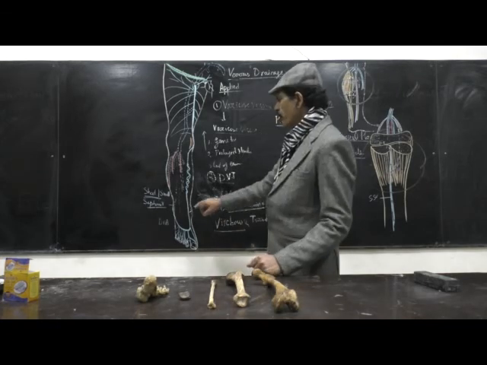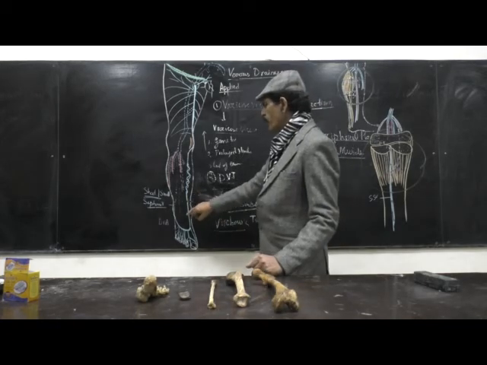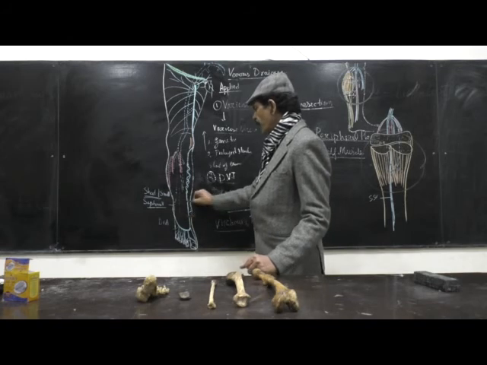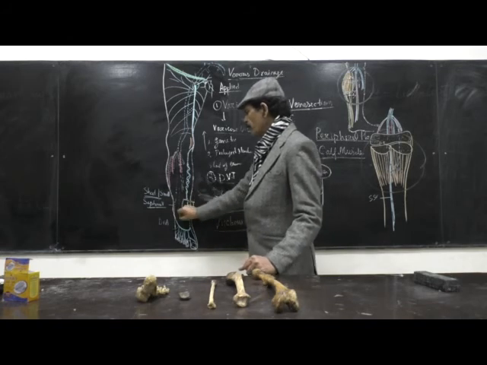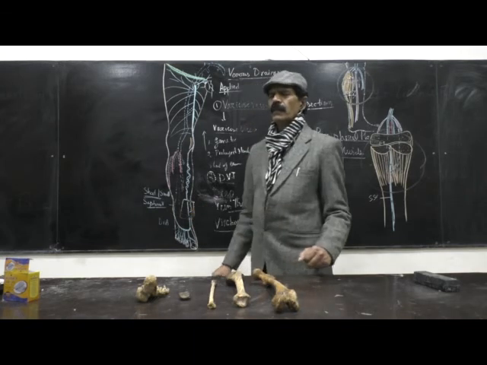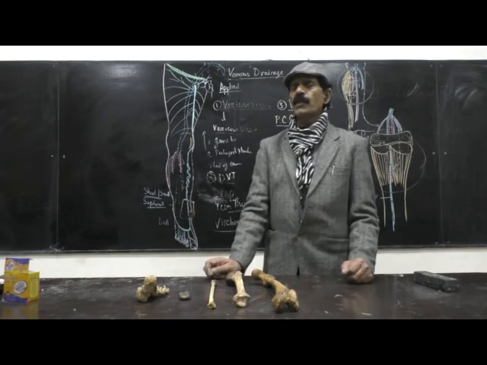Then the great saphenous vein, as it lies in front of the medial malleolus, is in a definite position, even in patients of PCF.